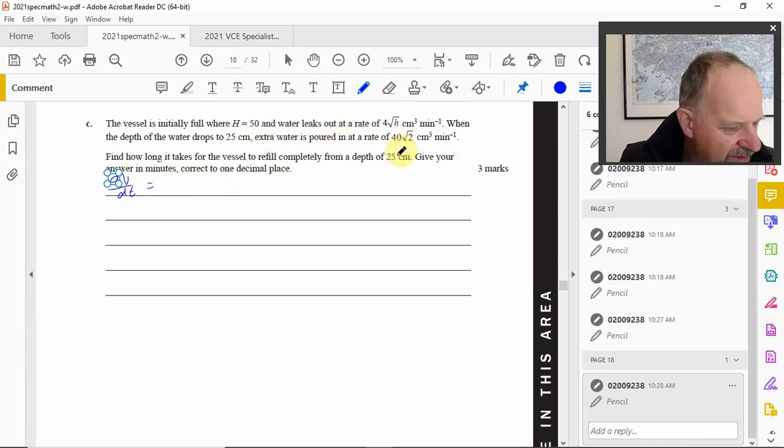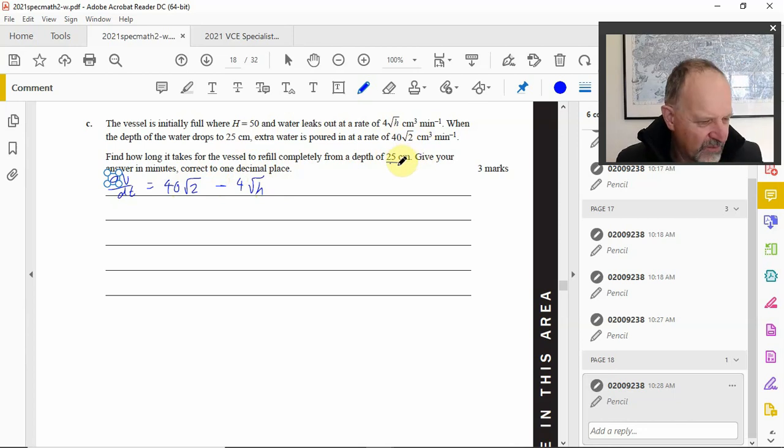So I'm going to just work from the 25, all right? So water's coming in at 40 root 2, but it's still leaking out at negative 4 root h. All right, so that's when it gets to that depth, that 25, and now we're putting it in and we want it to fill. All right, and we'll get to that in a minute.